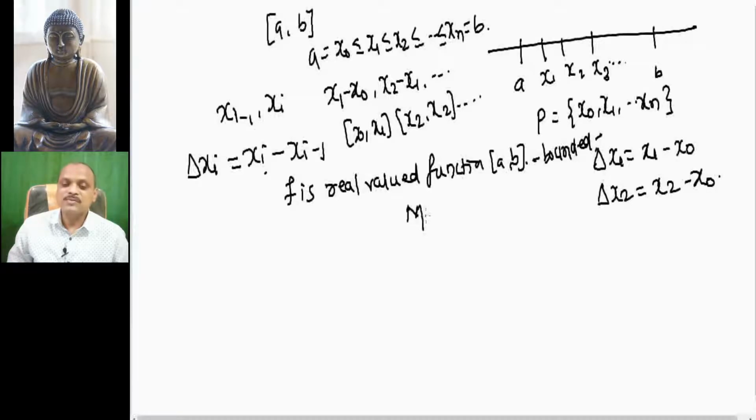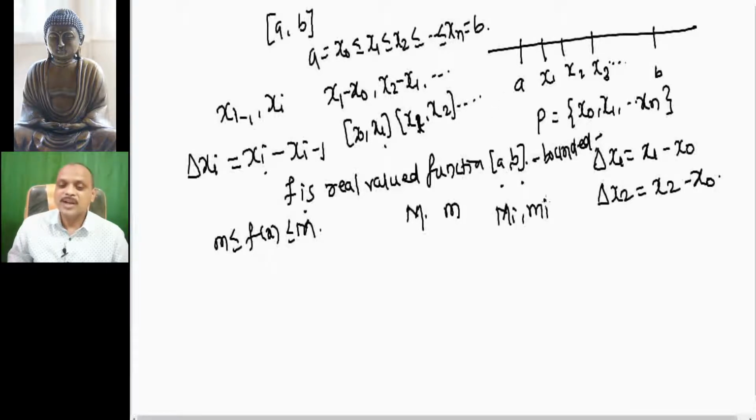Suppose capital M is an upper bound and small m is a lower bound, then all the values of the function lie between small m and capital M. The function is bounded on the whole interval a comma b, therefore it is bounded on the subintervals x0 to x1, x1 to x2, like this.